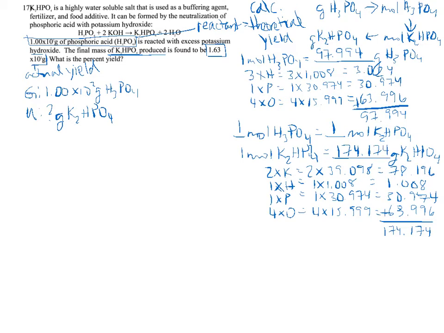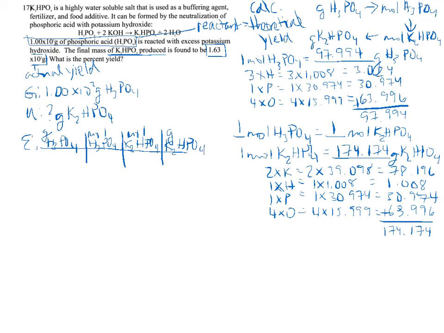Okay, so then our equation, three steps. We're trying to get from grams of H3PO4 into moles of H3PO4 into moles of K2HPO4 into grams of K2HPO4.